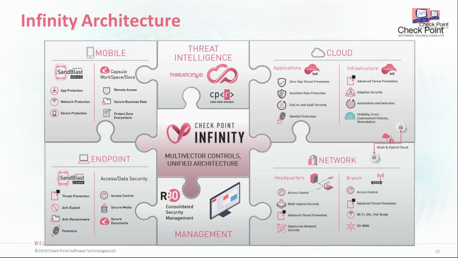No matter what attack vector it comes in, that's providing the intelligence across all of them to keep you protected. So we could see an attack in someone's network in Japan, and that's going to automatically update Threat Cloud and protect our EMEA customers. It could come in via the cloud, mobile, or endpoint, it doesn't matter. And then of course we have manual input from our own research team in Israel.